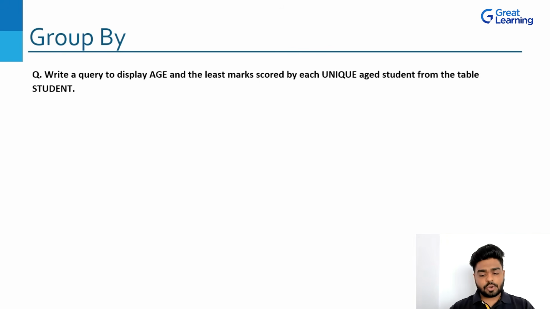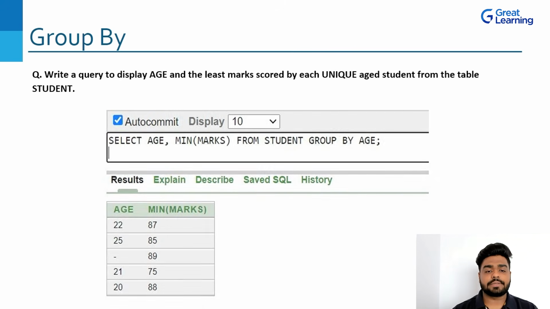And now in all these groups, I'll check which particular student has scored the least marks. That means in the first group where I have the students whose age is 20, I'll check both of them to see who has the least score. Something like that will happen. So if you look here: select age, comma min marks, that means minimum marks, from student group by age.